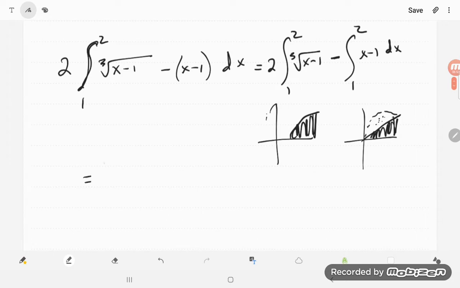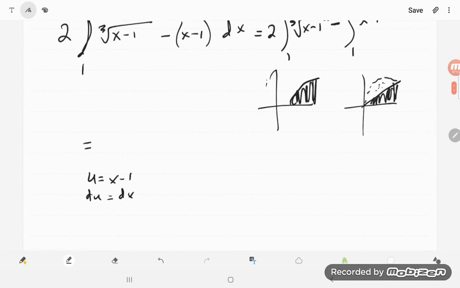So this is equal to, well, I forgot my dx there. This is a u substitution for this first one. If I let u equal x minus 1, then du is just dx. And my limits, u of 1 is 1 minus 1 or 0, and u of 2 is 2 minus 1 or 1.